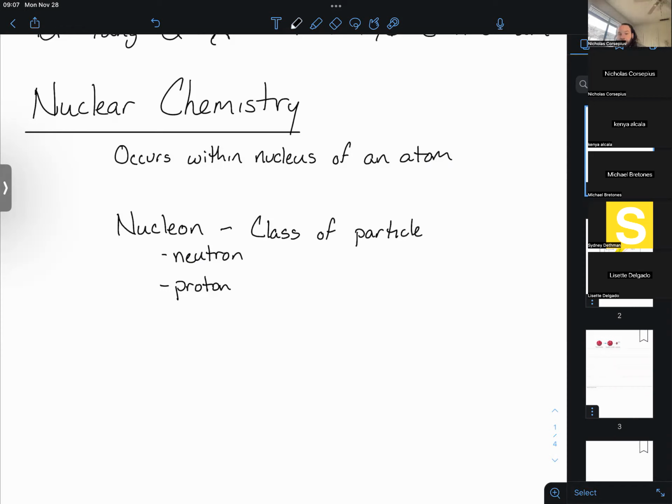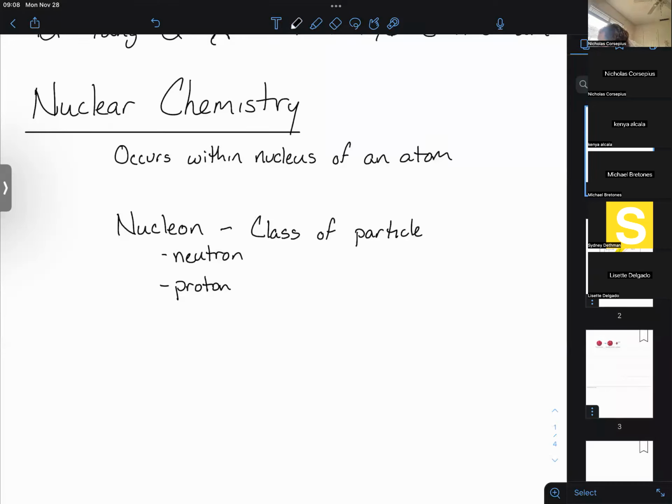Now thinking more in terms of upper level physics, particle physics, physicists have found that all the particles in this universe fall into a few different bins. The bin that contains protons and neutrons are what are called nucleons.